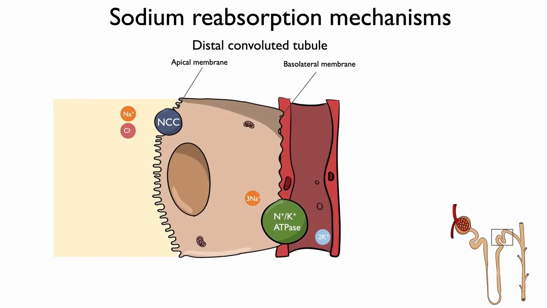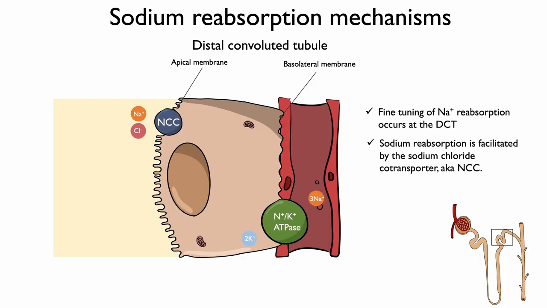The distal convoluted tubule contributes to fine-tuning of sodium reabsorption. Again, a sodium-potassium ATPase on the basolateral membrane maintains low intracellular sodium concentrations, driving the electrochemical gradient for sodium reabsorption via the sodium chloride co-transporter, aka NCC, on the apical membrane.